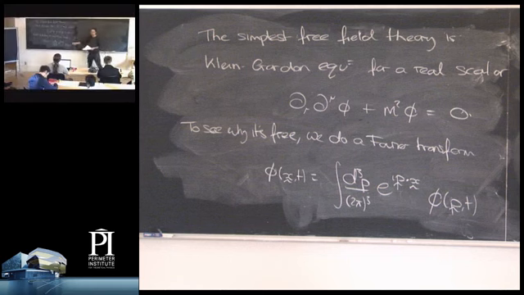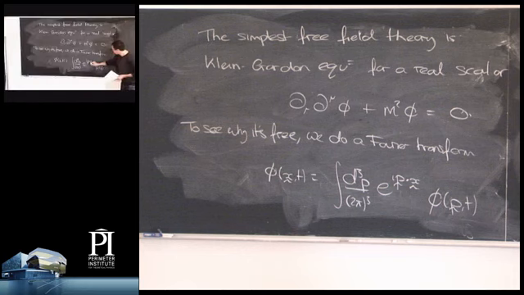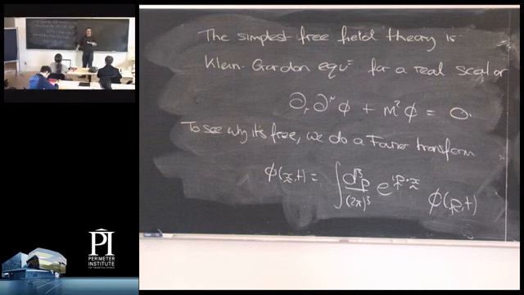You guys all happy with Fourier transforms? Yes, but what's the momentum? Is it the conserved momentum of the field? We're doing a Fourier transform with respect to x, so you could think of p just as what you need to do the Fourier transform with respect to x. It's not pi, it's not the conjugate momentum of phi.